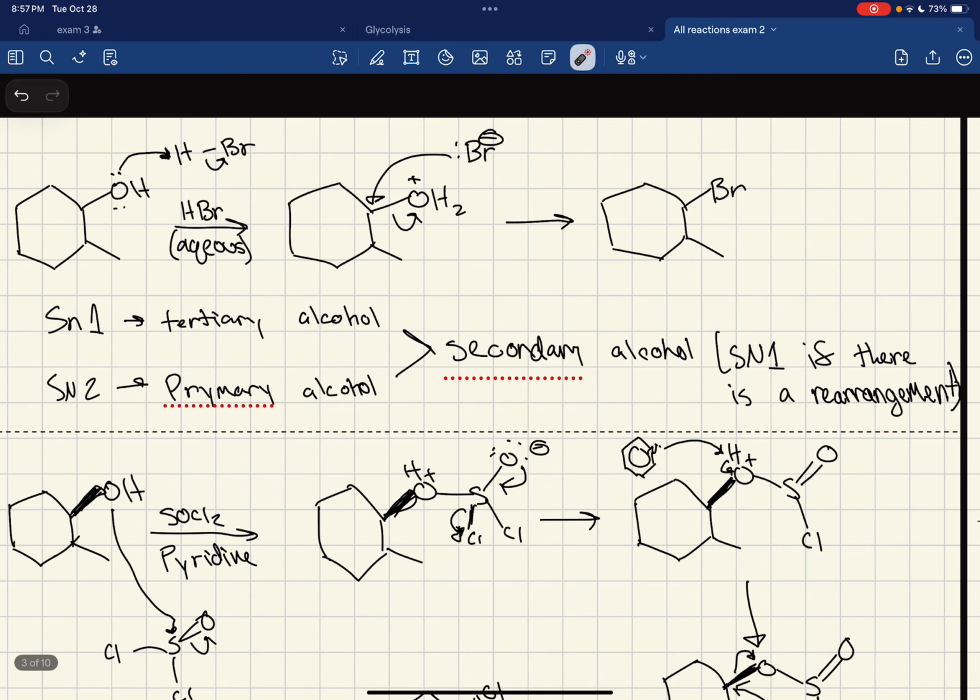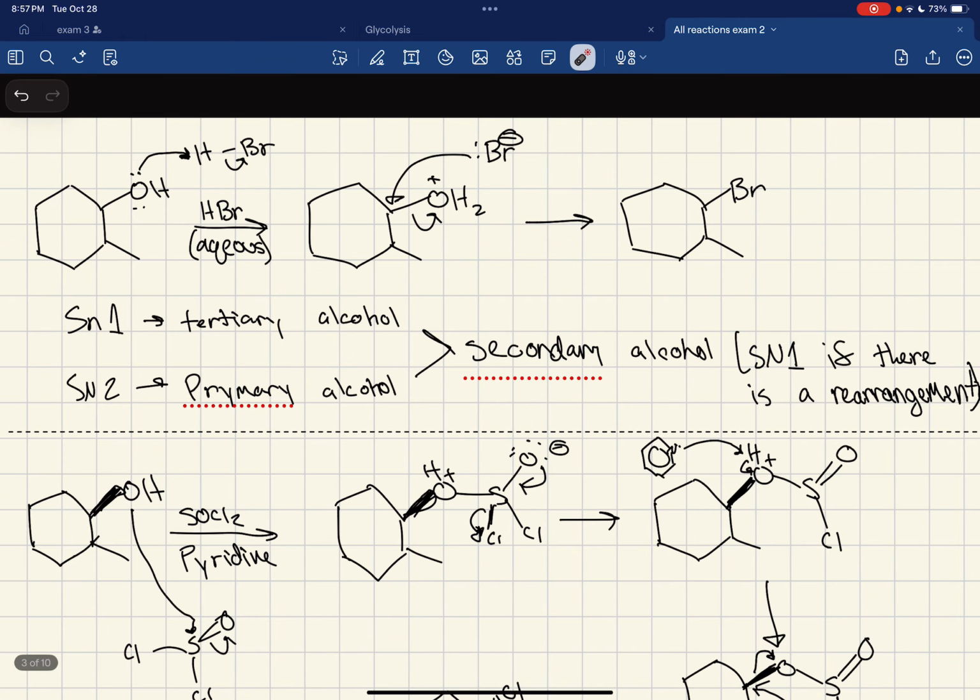What is this? I guess this is alcohol substitution with a strong acid. So in this case, it's going to be very similar to what we just did. And yeah, so the alcohol is going to deprotonate the acid.